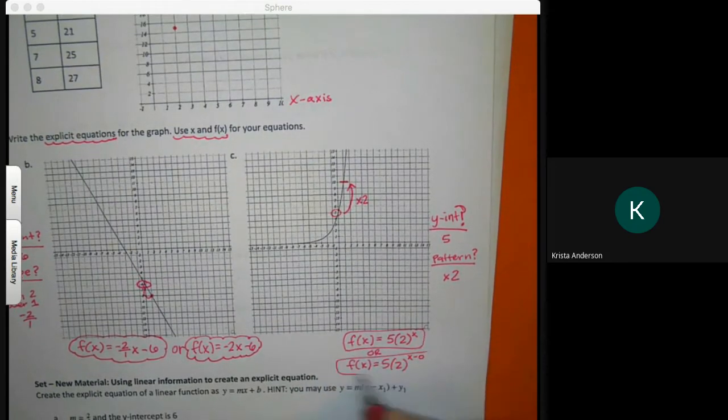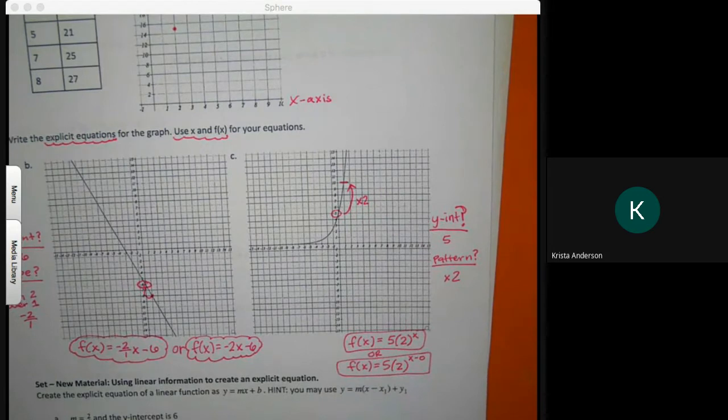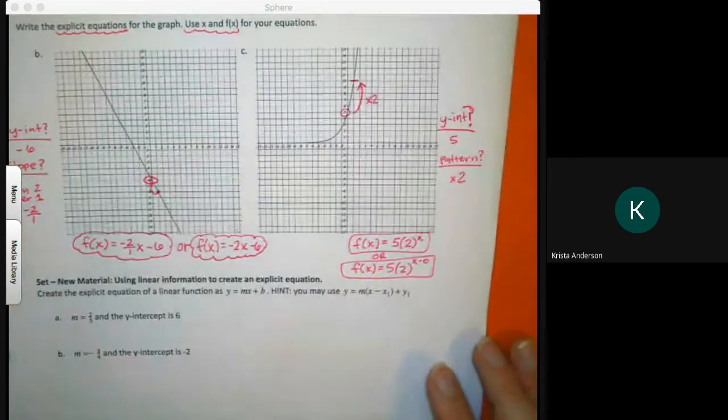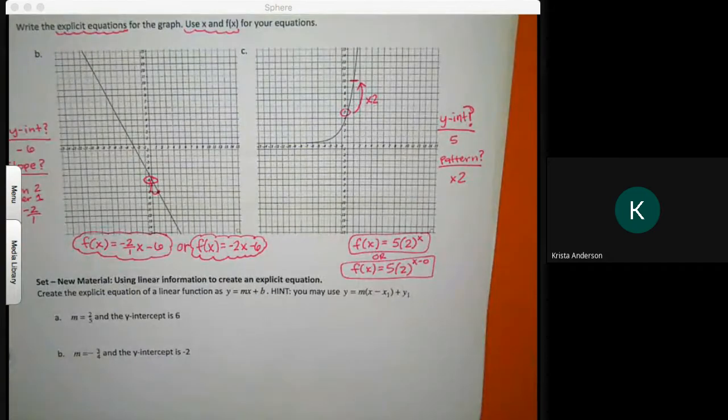They're both correct. Do those look familiar?